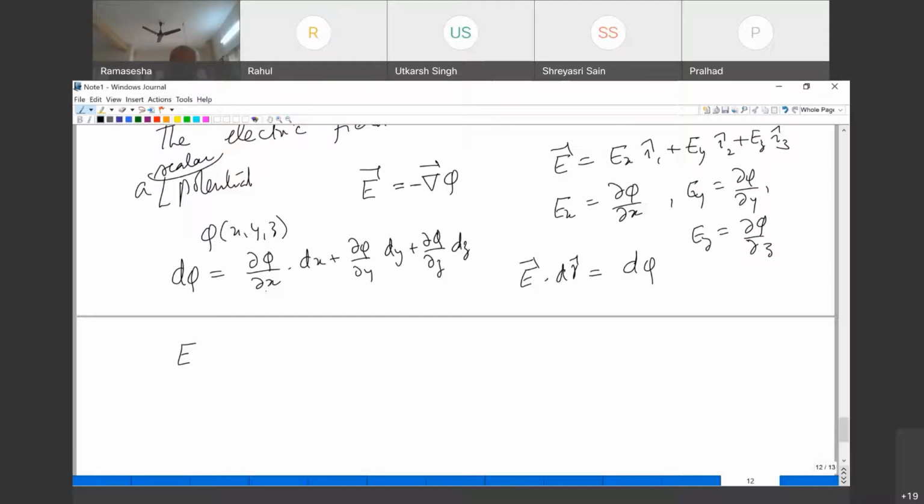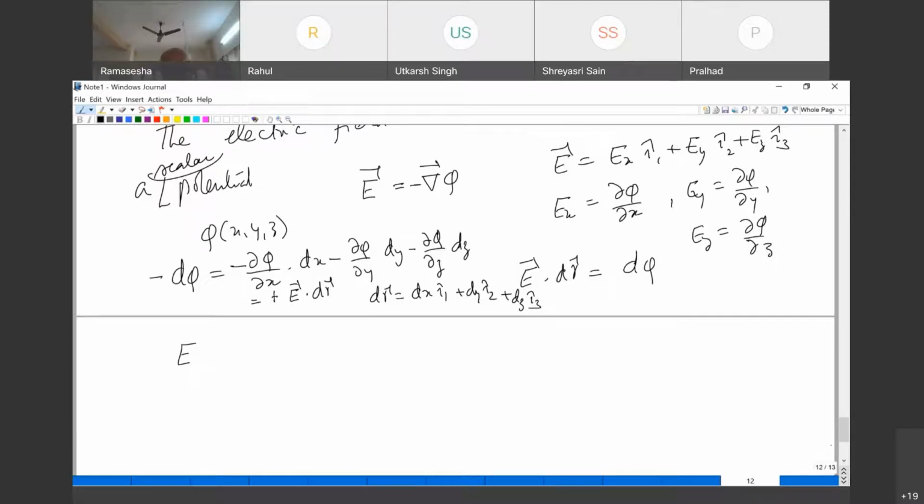Yes. So, this is equal to minus of E dot dr, where dr is the vector dx I1 plus dy I2 plus dz I3. Is it clear now? Yes, sir, clear.